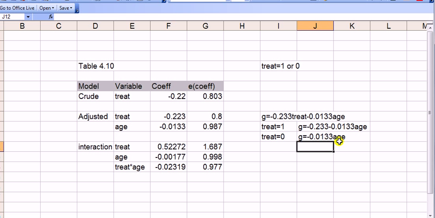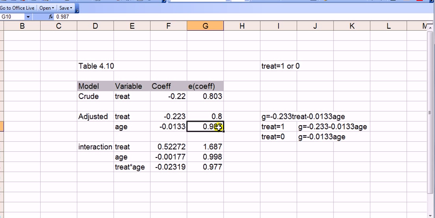Now let's look at interpretation. If we look at the interpretation of age, the coefficient is the same whether you had treatment or not. In other words, the relationship of age to survival, time to event, is the same. It's interpreted like before, only now we have to take account that we're controlling for something.